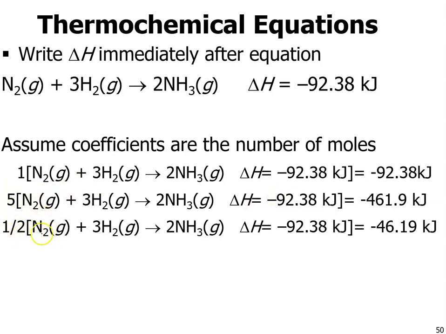So we use half a mole of N2, 1.5 moles of the hydrogen gas, and we get 1 mole of ammonia, and we'd also have to divide this amount of energy by half as well, because we'd reduce the amount that we're reacting. So those are some ways that we can manage and manipulate these equations to get what we're actually using.